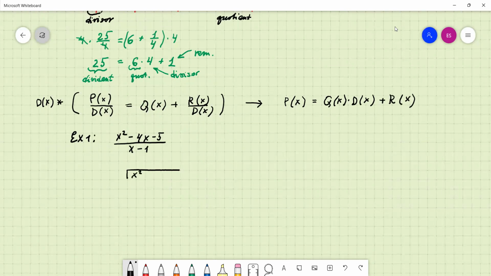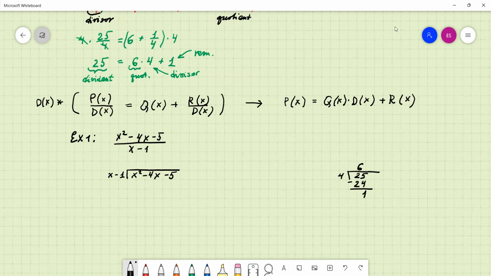I'm going to write out x squared minus 4x minus 5 here, x minus 1 here. It's like I would write down 25 and 4 over here and start thinking, okay, how much would I need to satisfy 25? Well, I'll need 6, right? 4 by 6 is 24, and then I'll subtract and get 1 over here, right? That's a simple way of writing down this division.